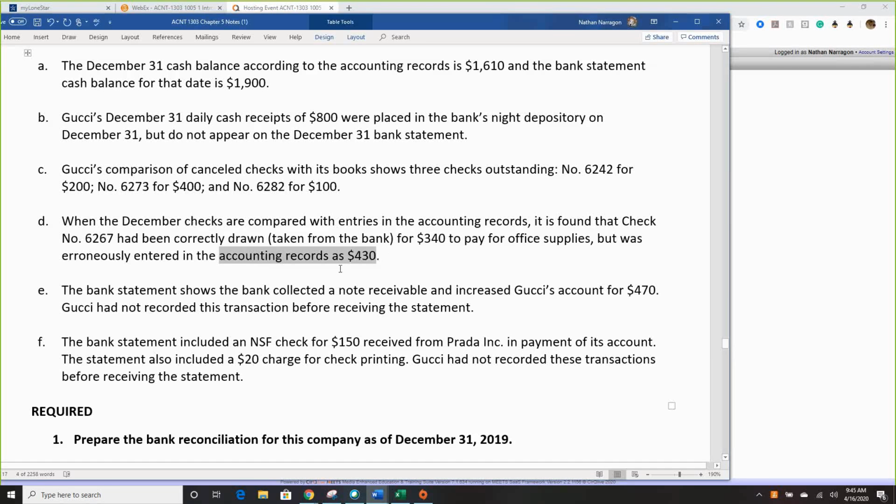We need to reduce this number. Technically, this number is negative to cash, and we need to get to the actual negative $340. So what causes a number that's negative to become a lesser negative? Do we add or subtract?